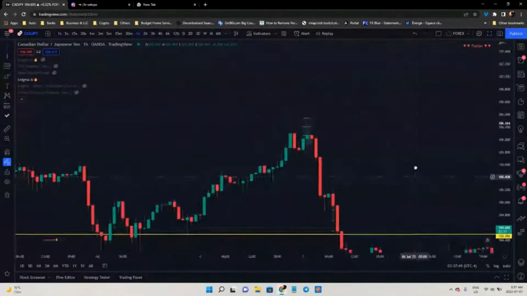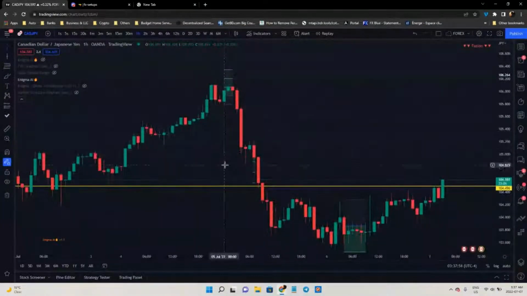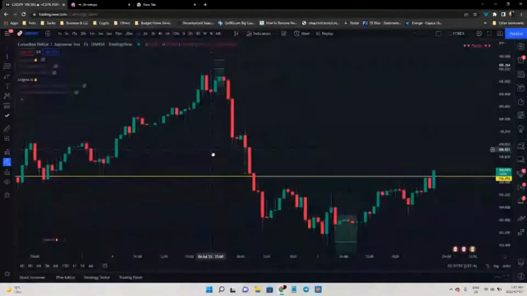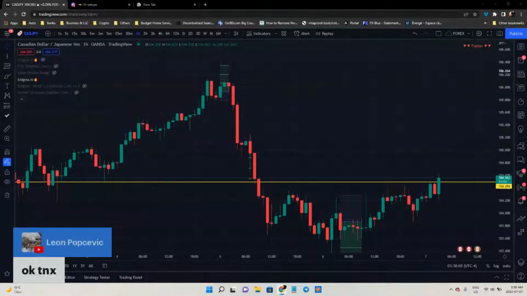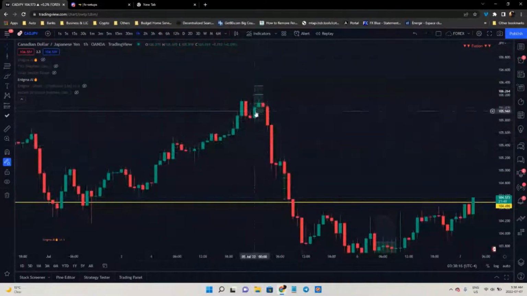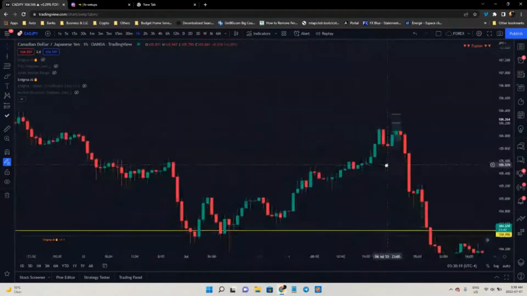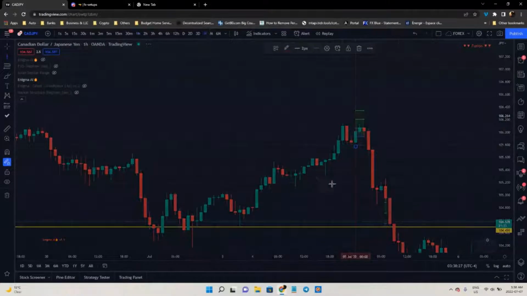Overall for CAD, I was looking to get a sell setup between Tuesday and Thursday. So I was not expecting to get a buy. The reason why is, I'm just going to go back and plot a line here on the weekly.